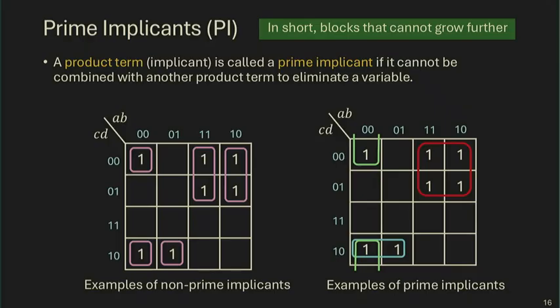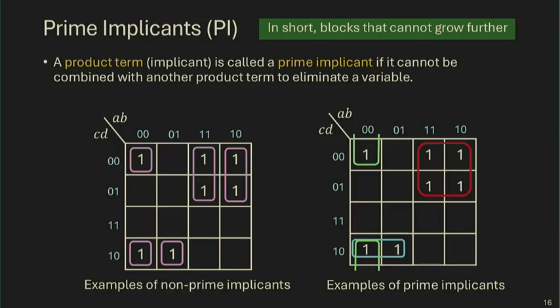They're of inferior quality because these two can be combined. In other words, this product can be grown into a bigger product. This product can be grown into a bigger product. And to get a minimum expression, I only need the biggest products. The biggest products have fewer literals, and therefore they're of higher quality.